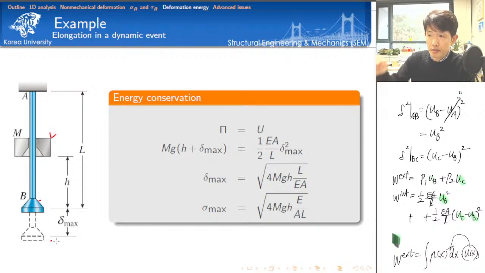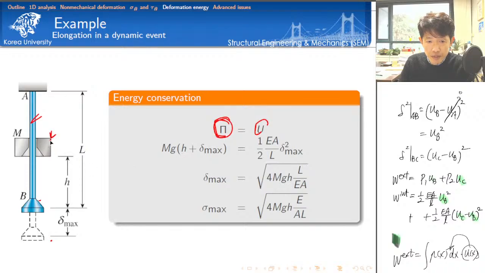At maximum elongation, because it is going to turn back to the original position, the kinetic energy is equal to 0, which means the energy is balanced. The potential energy provided by this mass should be equal to the deformation energy stored in this bar. Then how do you calculate the potential energy?